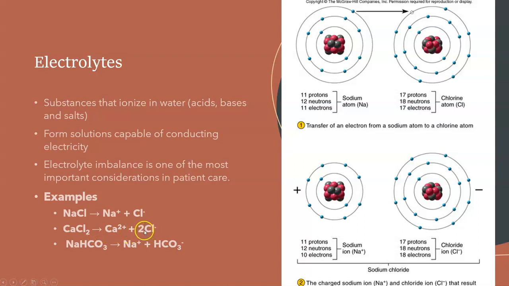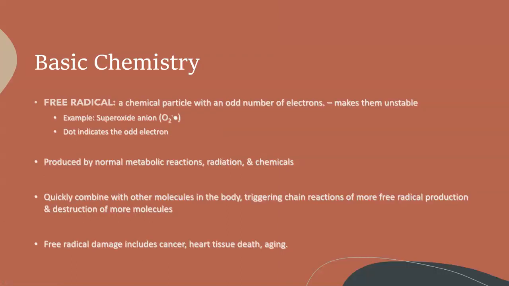Okay, can you see how 2 times -1 plus the 2+ would equal out to an overall charge of zero? But yes, that is calcium chloride turning into ions. And then sodium bicarbonate turns into sodium positive and bicarbonate minus. So those are some examples of electrolytes.